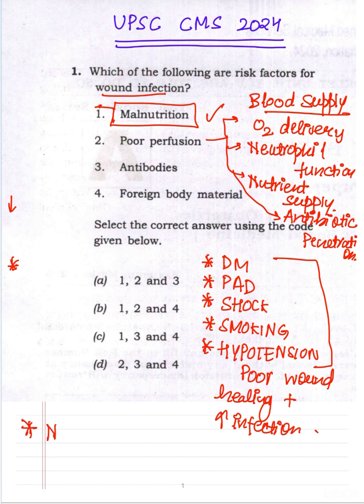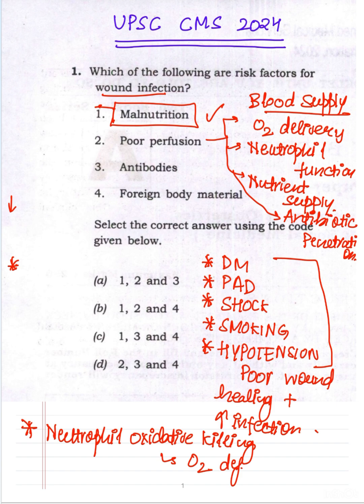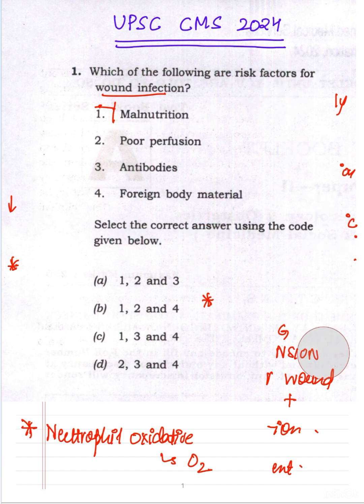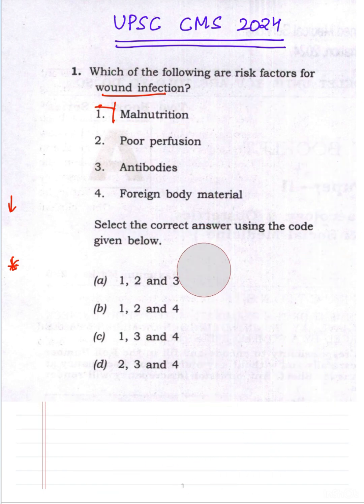Most importantly, the neutrophil oxidative killing is oxygen dependent, so for that, the perfusion is important. So the second option is also correct. So first is correct, second is correct.